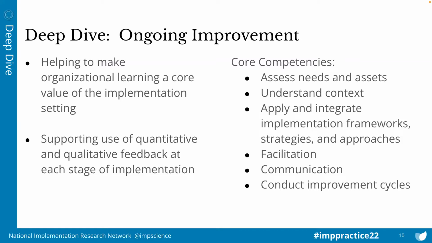Communication. The importance of bi-directional communication, and this gets into brokering, right? How are we ensuring that we are having bi-directional communication? We're not just disseminating information, we're gathering information, we're using that information, engaging in multiple modes of communication.